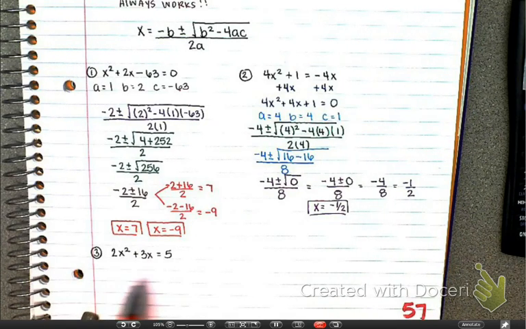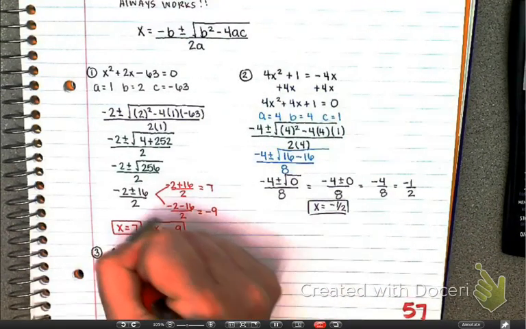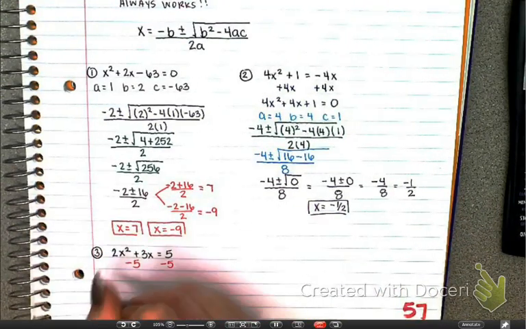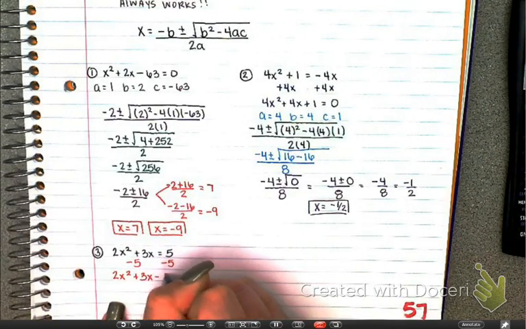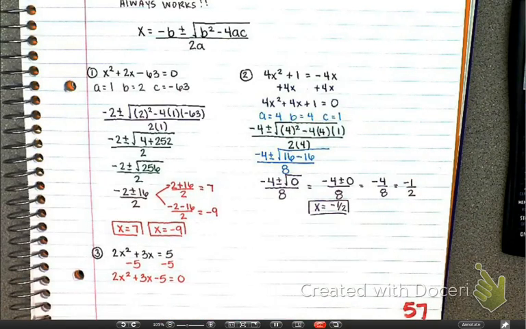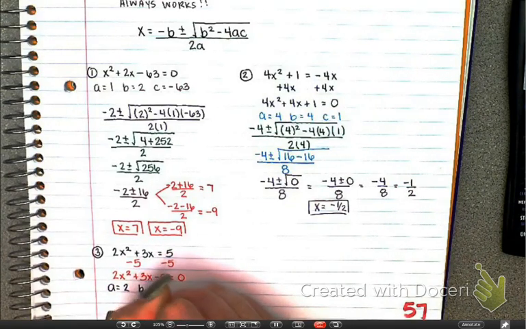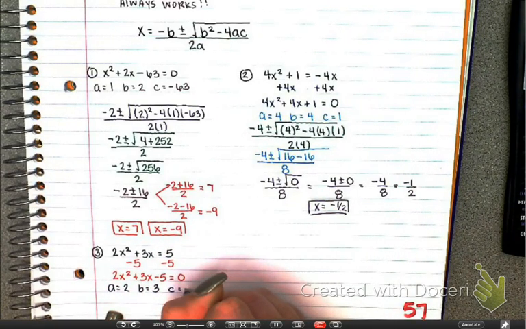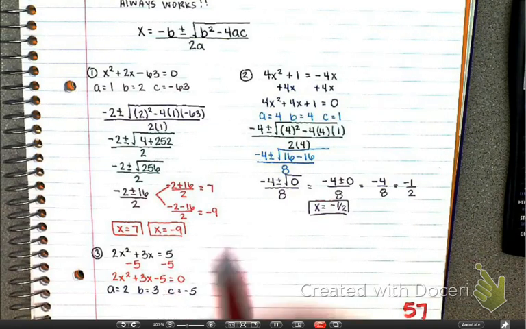All right, I'm not in standard form. Okay, I know I need to get this set equal to 0, so I'm going to start by subtracting 5 from both sides, giving me 2x squared plus 3x minus 5 equals 0. I'm now going to identify my A, my B, and my C. I'm going to take A, B, and C and plug it into the quadratic formula.